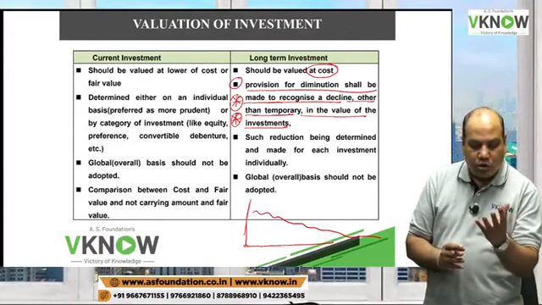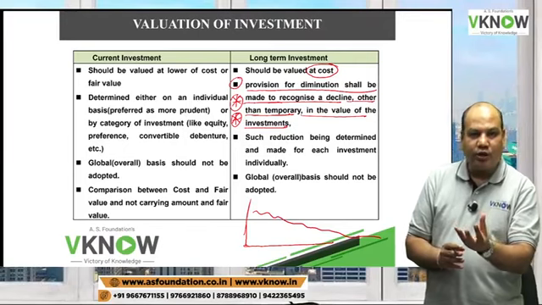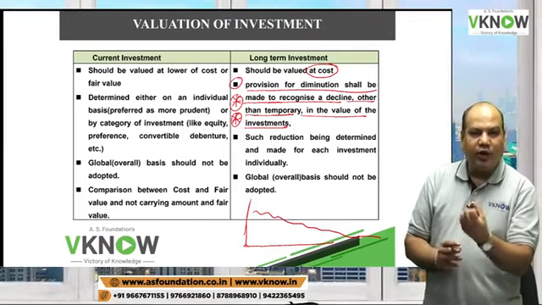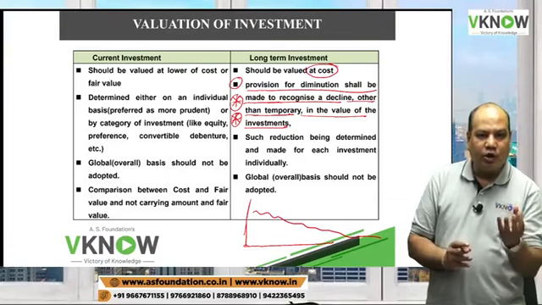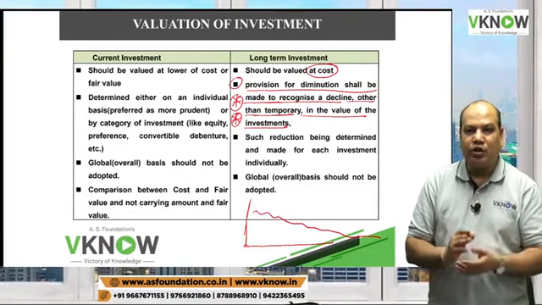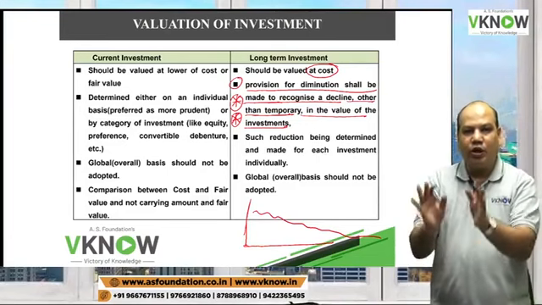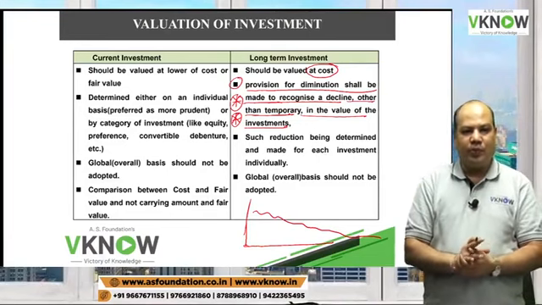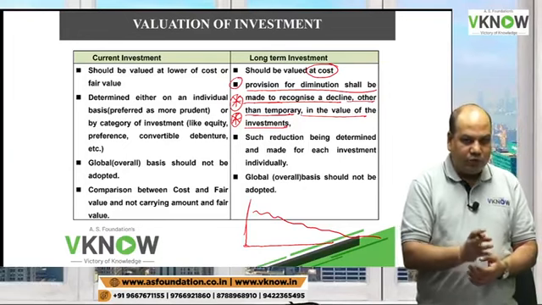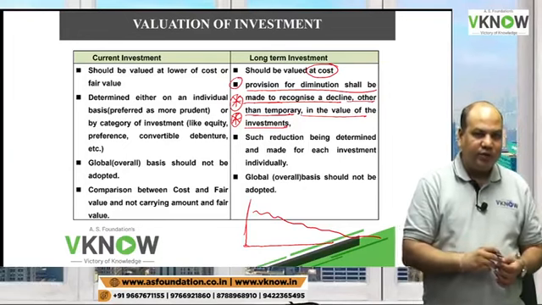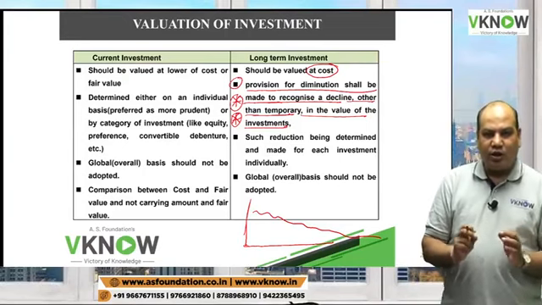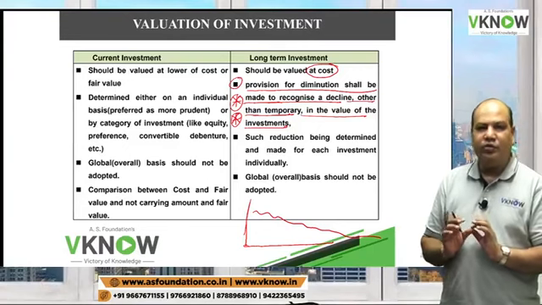Look at their cash flow statement. There is a negative cash balance. Look at their shareholder fund. Shareholder fund has become negative. Look at the industry. The industry is already on the verge of collapse. Oh my God. This is an indicator that there is a permanent decline in the value of investment.